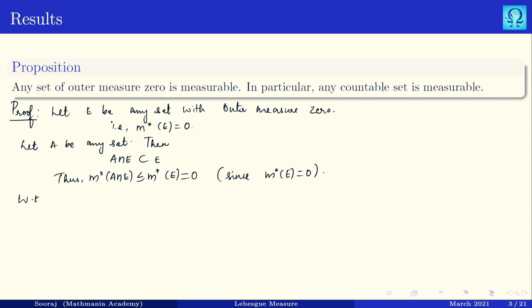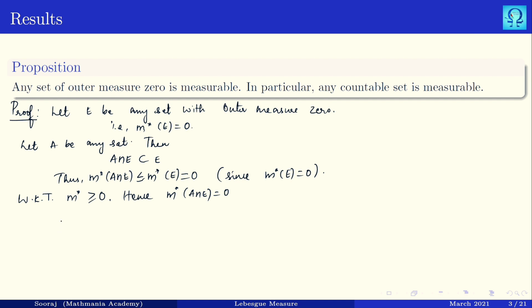We know that m star is a non-negative valued function. This forces m star of A intersection E to be 0.